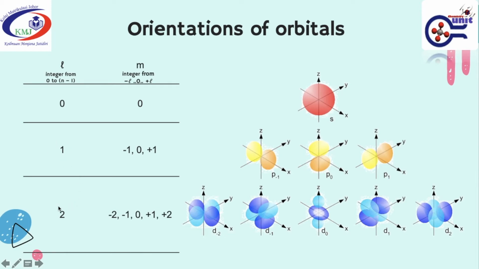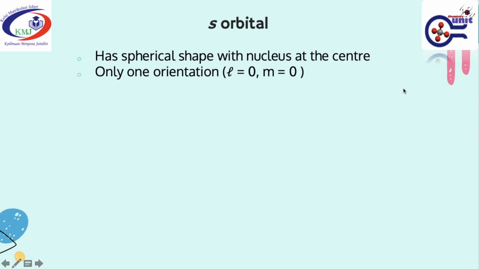Next, when L is equal to 2, M is equal to negative 2, negative 1, 0, positive 1, and positive 2. So we have 5 values of M. So we have 5 different orientations of d orbitals. S orbital has spherical shape with nucleus at the center.